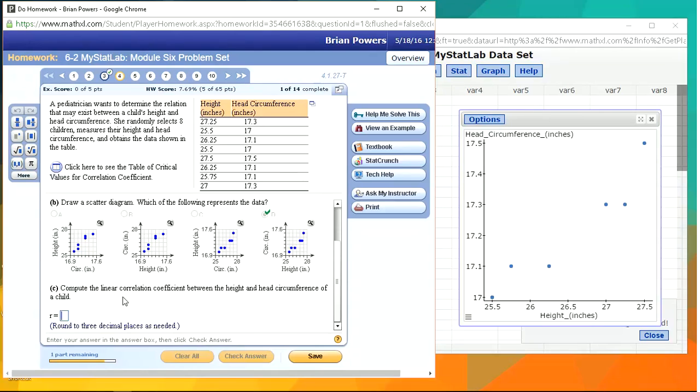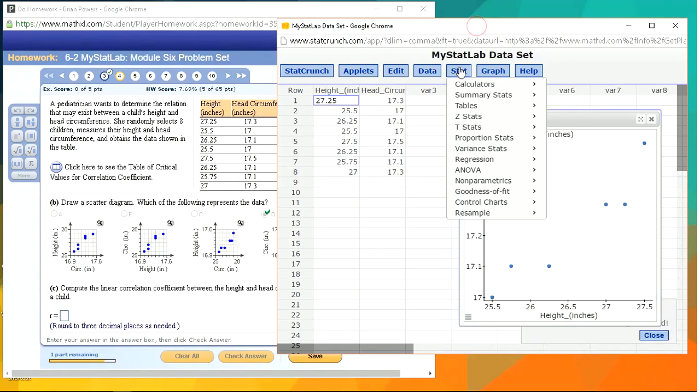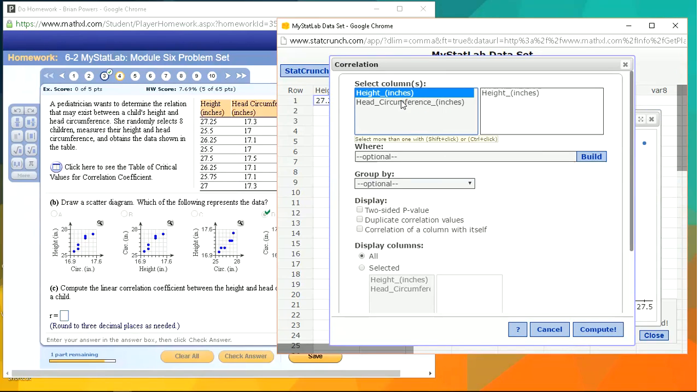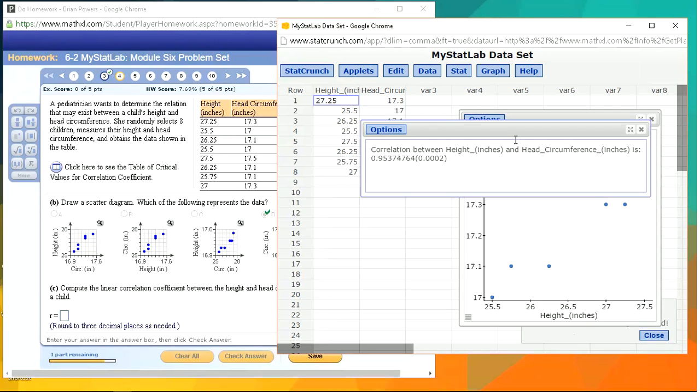Okay, now compute the correlation coefficient. Let's go back to here. We can do the summary stat correlation. Pick the two variables. Since we're using a critical table, we don't have to use the p-value. This time I'm going to mention why I put the p-value in.